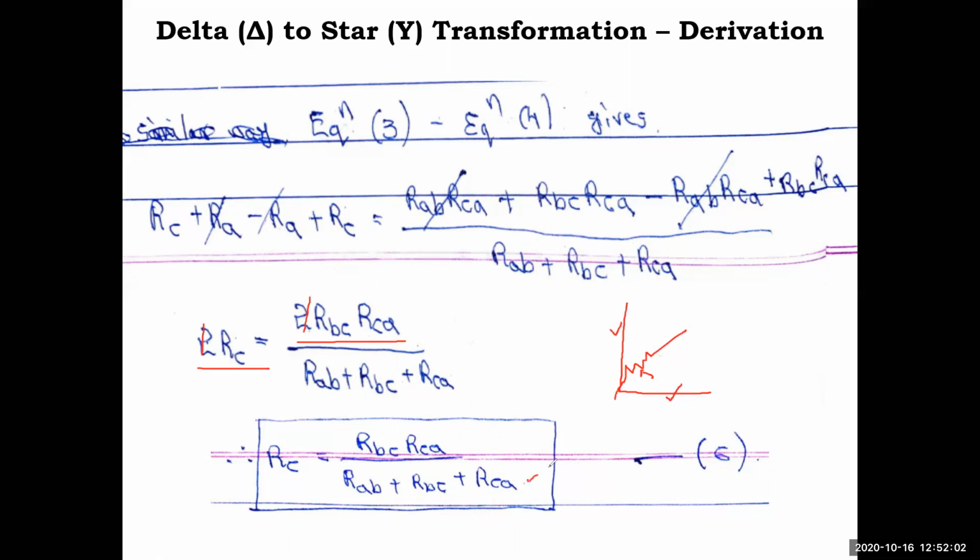The denominator term is the same, as I told you. Okay, so same way we need to do now a new set of equations. Equation 4, how we got? You make this as equation 6, because we require this equation for finding the reverse also, Y to delta network also. That's why we denote it equation 6. Hope it is clear. So similarly we'll do the next part.